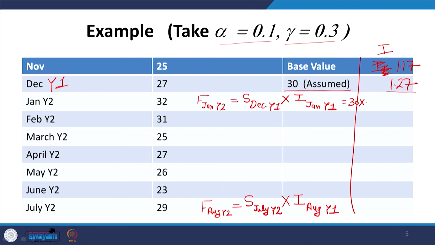So, this is the forecast for the month of January Y2, that is 30 into 0.894, and this is coming to be 26.82.